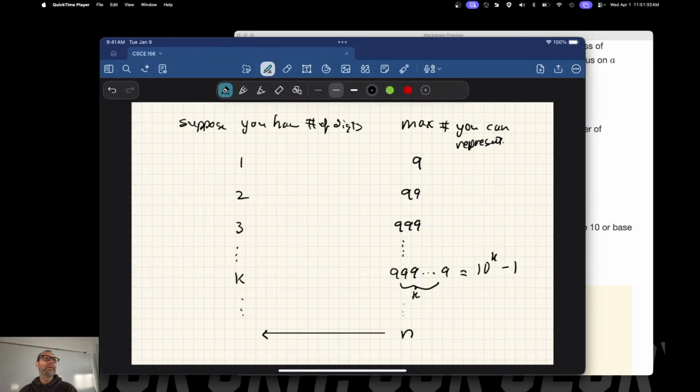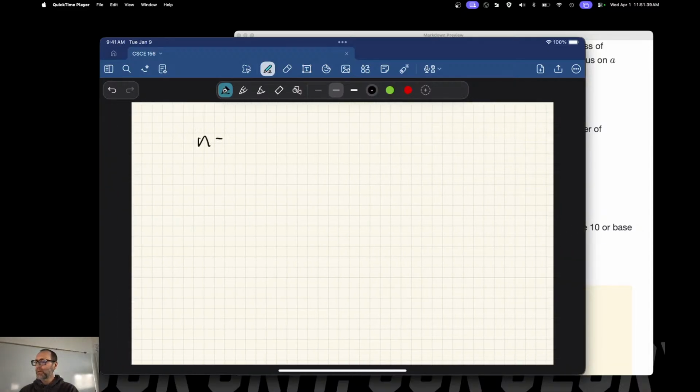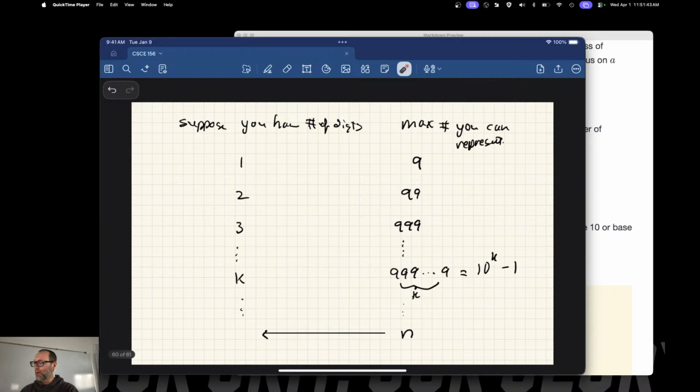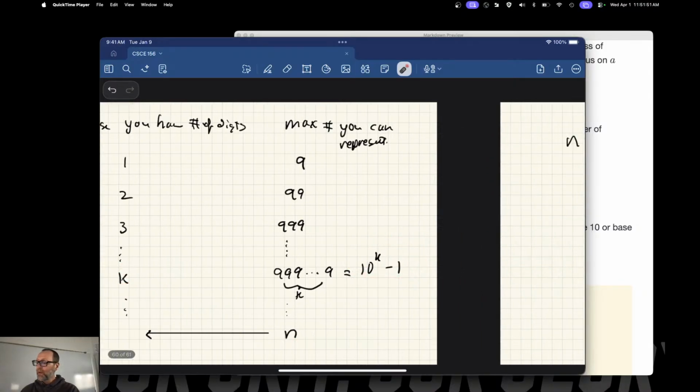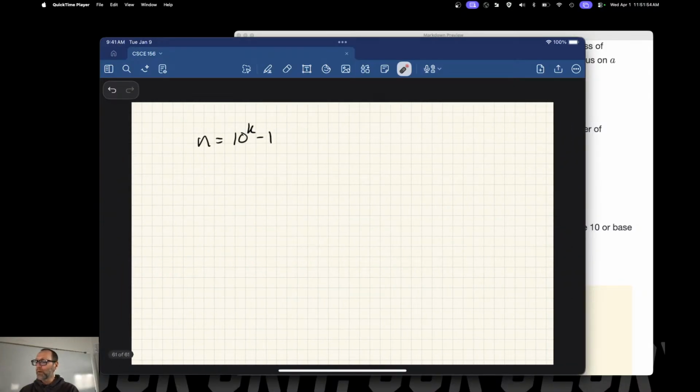What is the number of digits required to represent n? Right? All you have to do is set up that equality, 10 to the k minus 1, because that's what we derived over here. If I gave you k digits, you could represent this. I want to know what k is over here if I'm given n. That means solving for this equation right here. Right? K will be our answer.